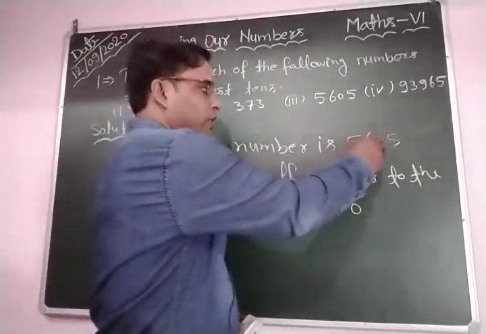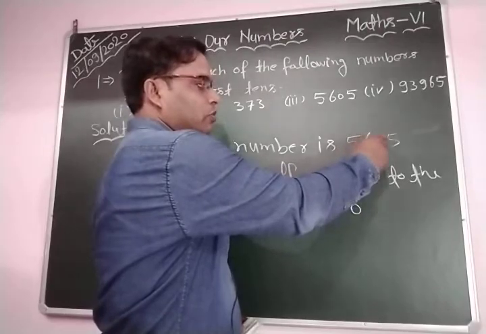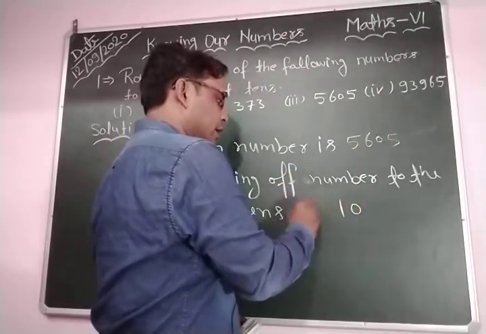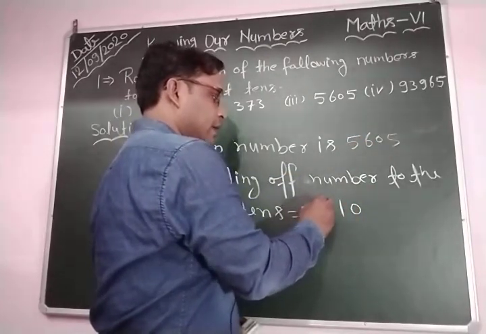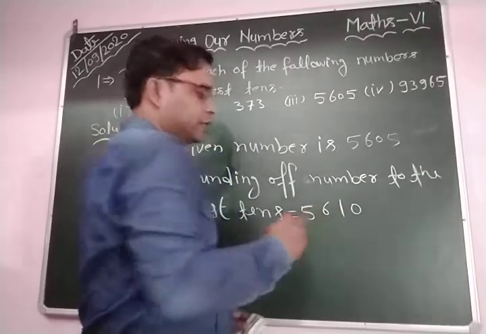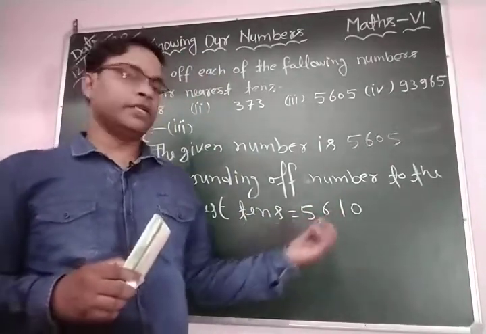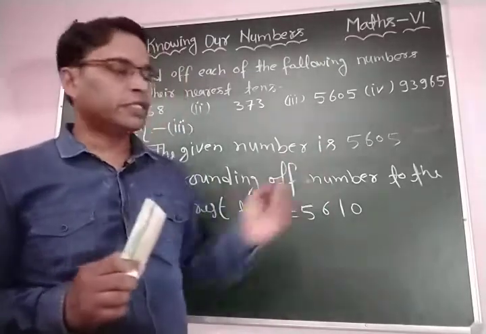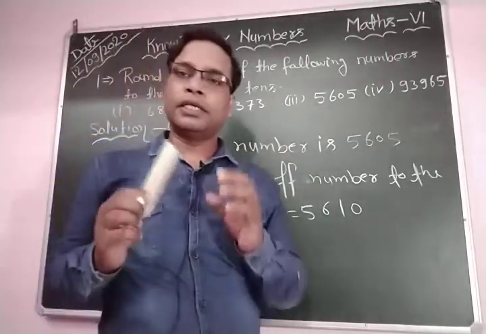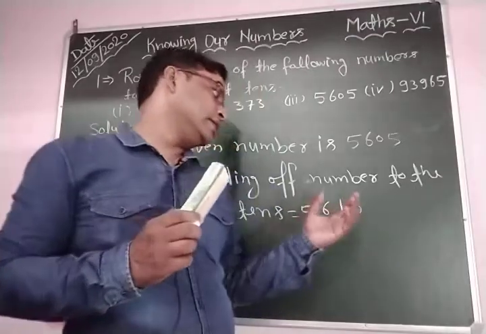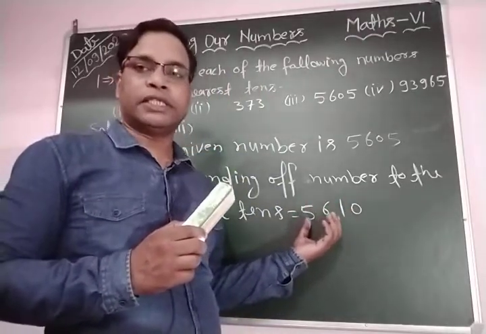So if we add 1 here, 0 plus 1 is equal to 1, and the other digits of the number you write as they are. So this becomes 5610. If you round off 5605 to the nearest tens place, then this is equal to 5610.